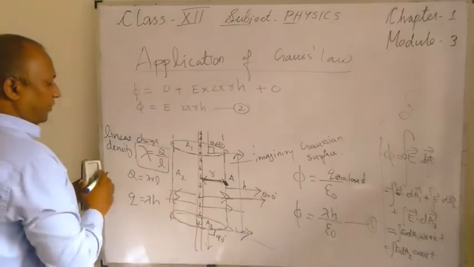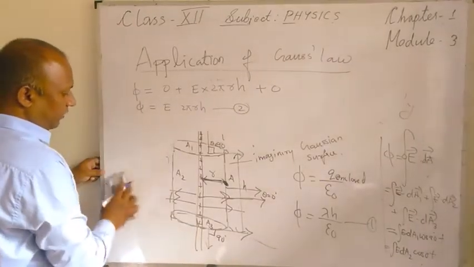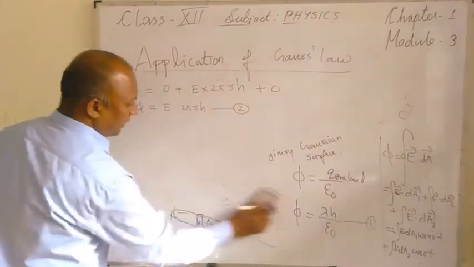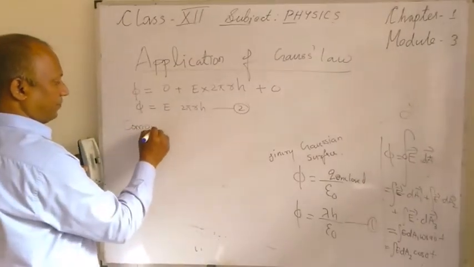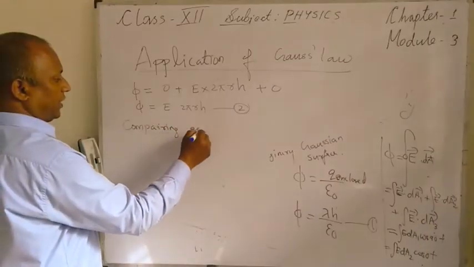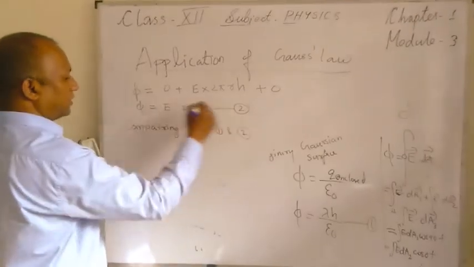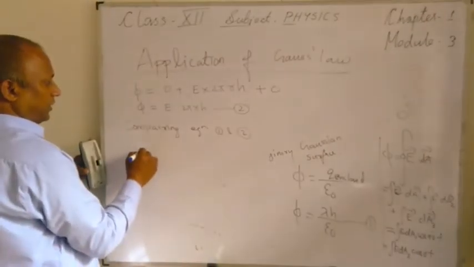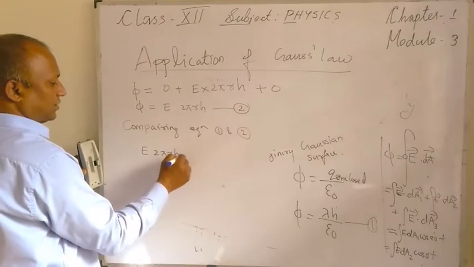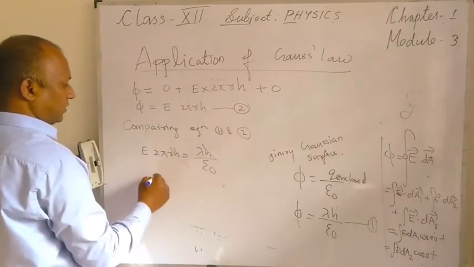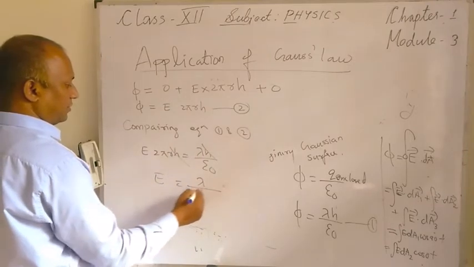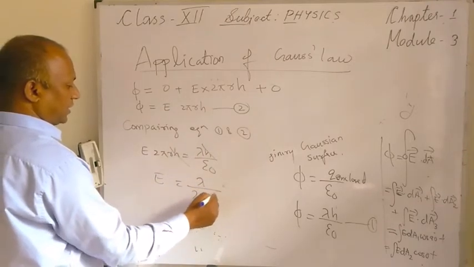And comparing equation 1 and 2, what do we get? Comparing equation 1 and 2, you get E into 2 pi r h is equal to lambda h upon epsilon naught, h cancels, or E is equal to lambda upon 2 pi epsilon naught r.